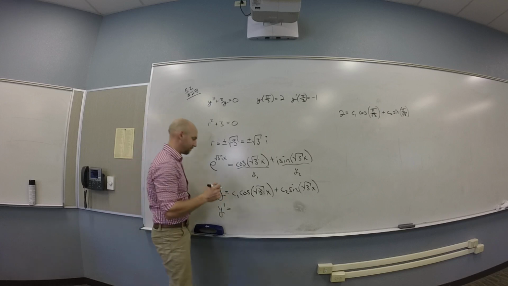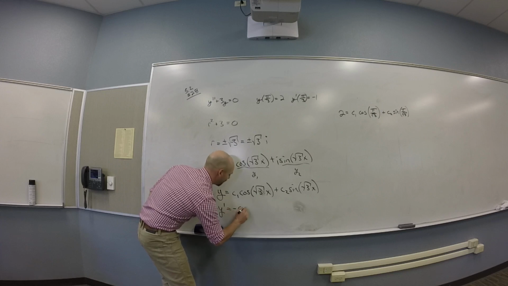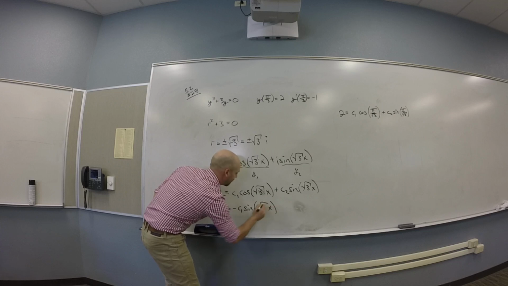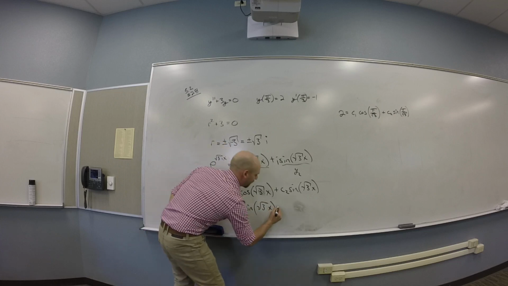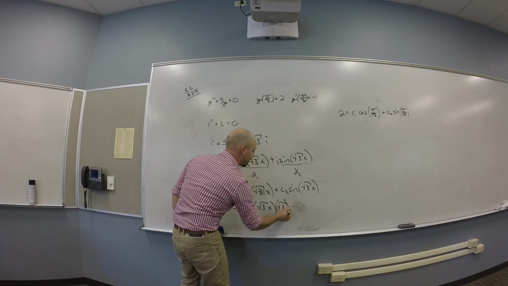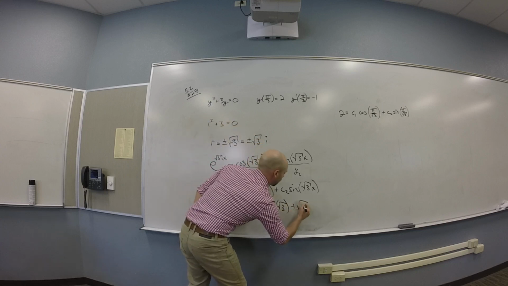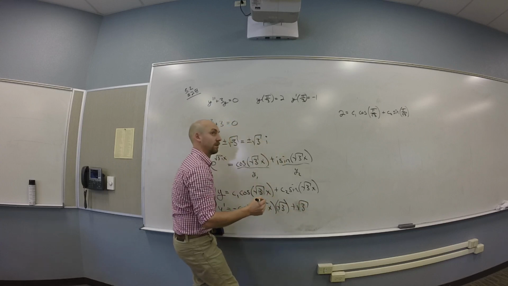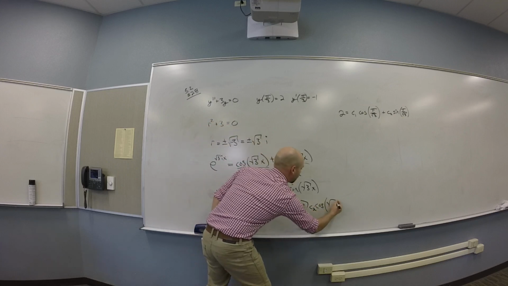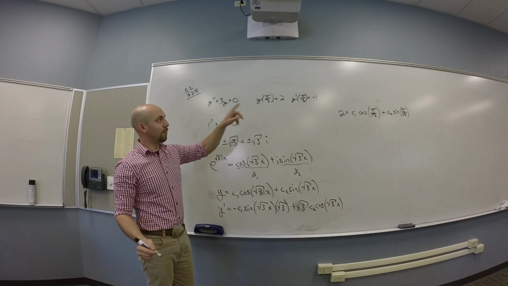So it's going to be negative C1 sine of root 3x times root 3, plus square root of 3 C2 cosine of the square root of 3x. Okay, and then I need to evaluate at pi over 3 again.